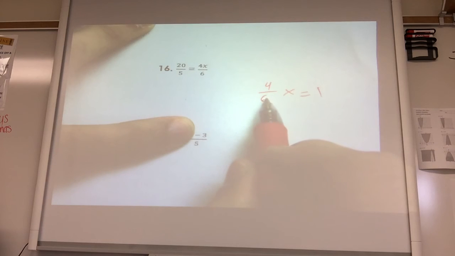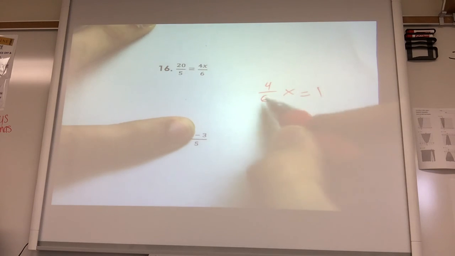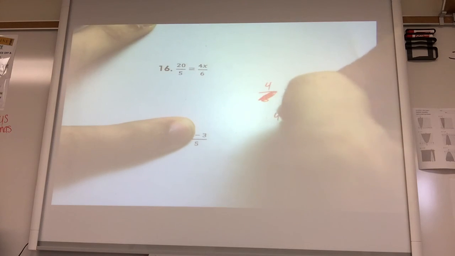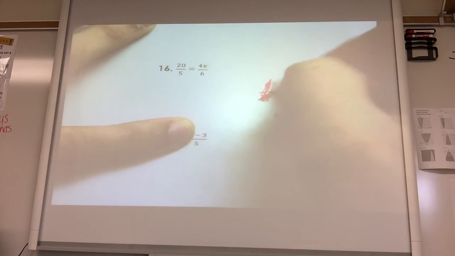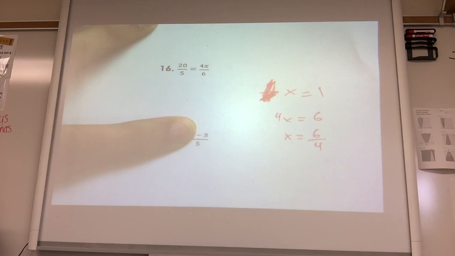Well, it's being divided by 6, right? So how do I get rid of divided by 6? Multiply by 6. So now I'm down to 4x equals 1 times 6. Now divide by 4. X equals 6 over 4. Fractions, I mean, they're really easy to deal with. They really are, once you get used to them. So you guys should strive to actually understand fractions. Okay.